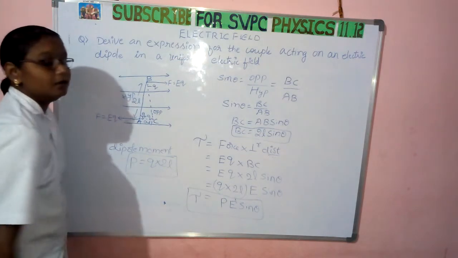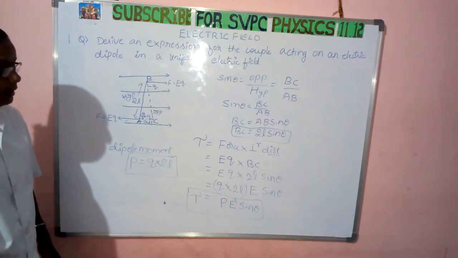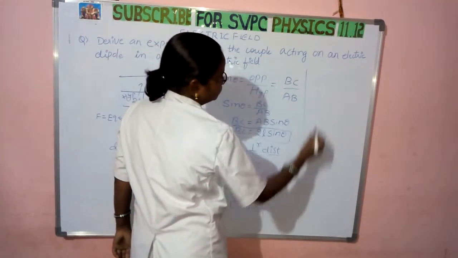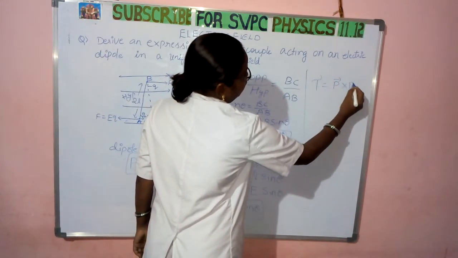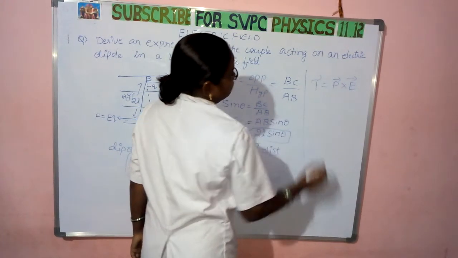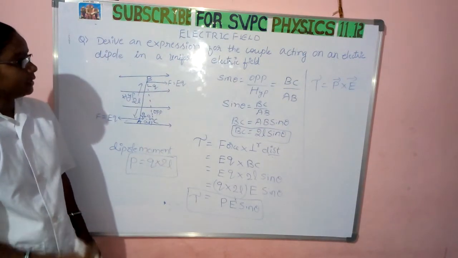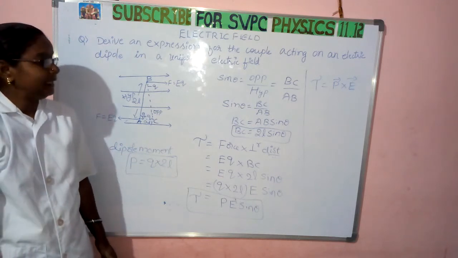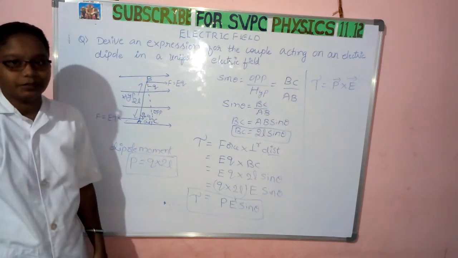This is the general equation, and if you want to mention this torque in vector form, then torque is equal to P cross E. This is about torque acting on a dipole placed in an electric field. I think you have understood this.